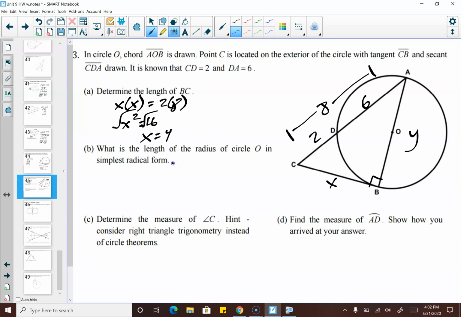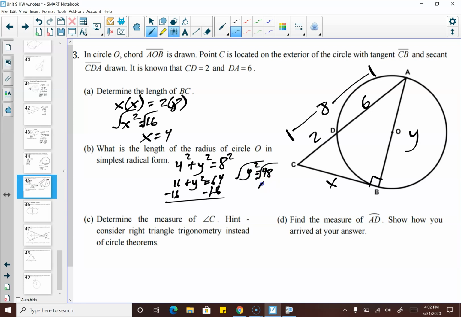So it's going to be 4 squared for what we found for the bottom. So 4 squared plus y squared equals 8 squared. So we get 16 plus y squared equals 64. We'll subtract the 16 on both sides. We get y squared equals 48.